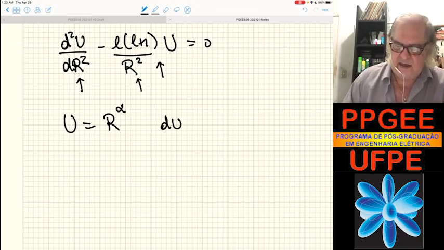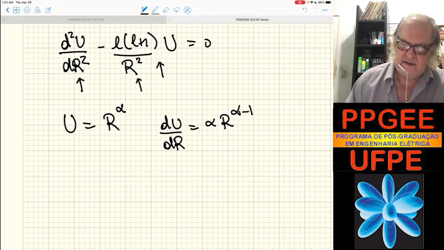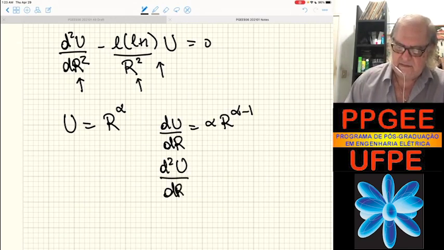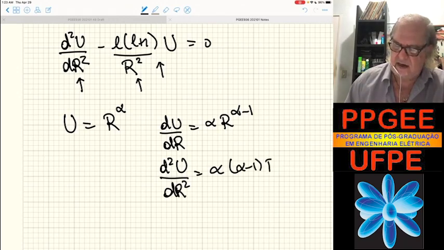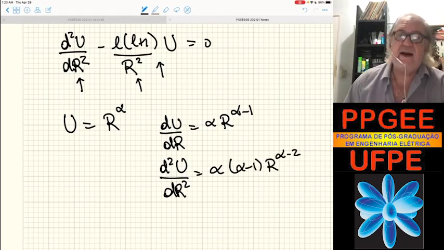So du/dr equals alpha r raised to alpha minus 1, and the second derivative equals alpha times alpha minus 1 r raised to alpha minus 2.